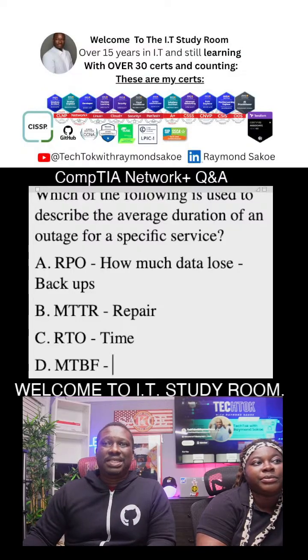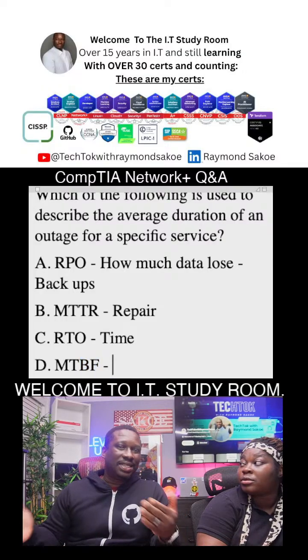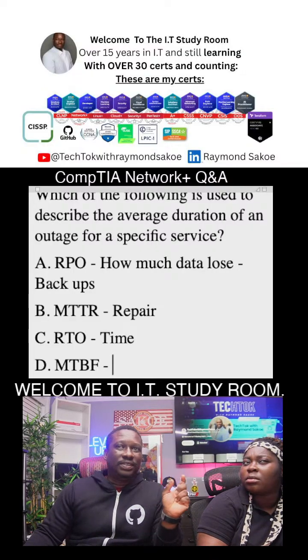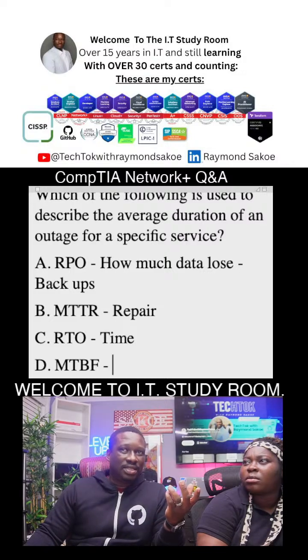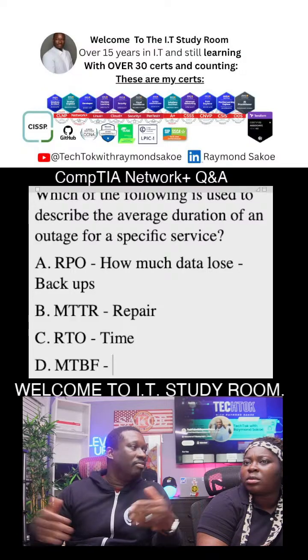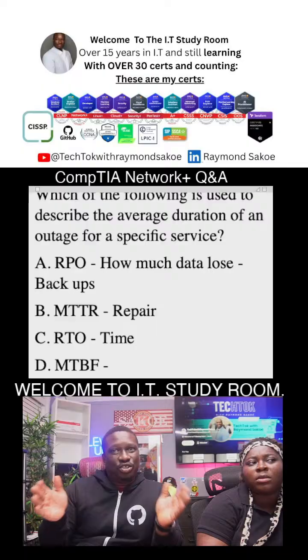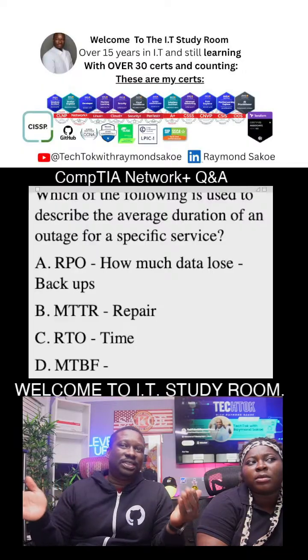So the MTBF, mean time before failure, is the life expectancy of a device. A simple example is the light bulb. Usually they have 1,500 hours, so the MTBF would be 1,500 hours. So if you turn on the bulb, you should have a lifespan of 1,500 hours.